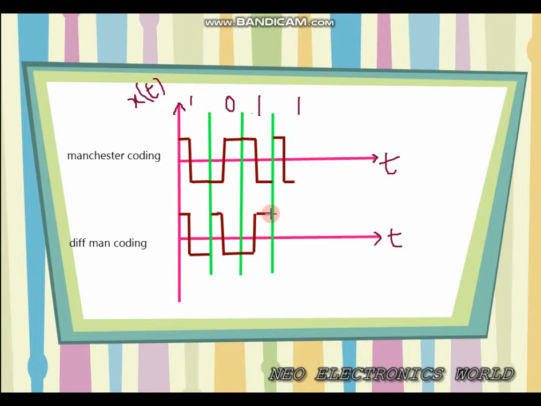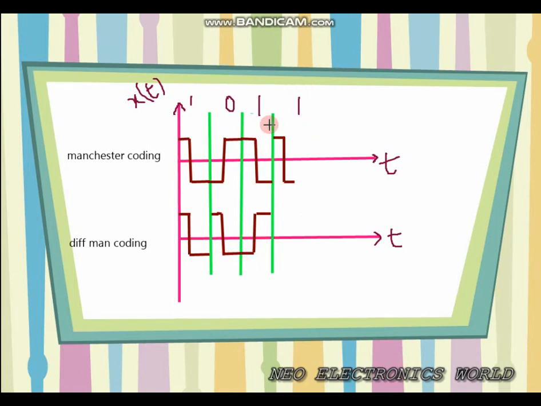That is, from the last level we will continue in the next state in the case of 1, and for 0 we will go to the opposite side and continue from there. Next we got 1, so we have continued from the 0 itself.